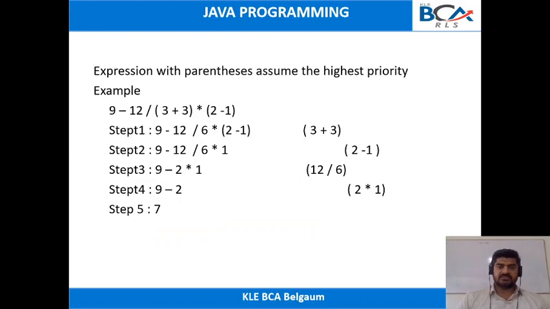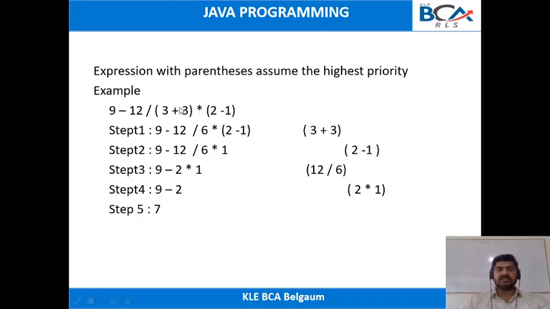Next we will consider one more example with parenthesis. If an expression contains parenthesis, the parenthesis has the highest priority, so you need to evaluate the parenthesis first. We'll consider the expression 9 minus 12 divided by open brace 3 plus 3 close brace into open brace 2 minus 1 close brace.